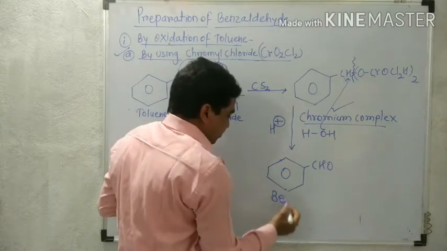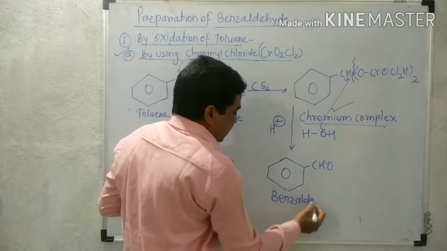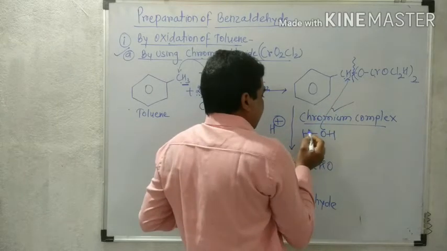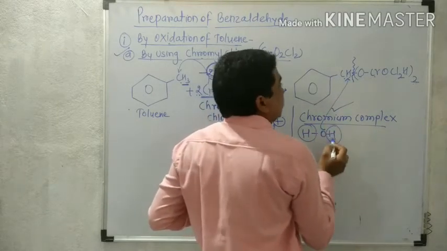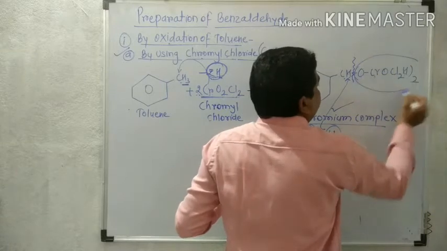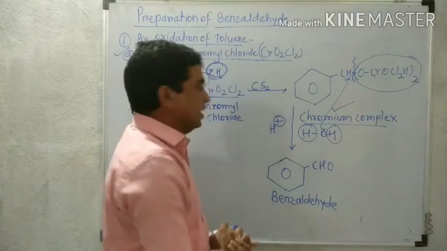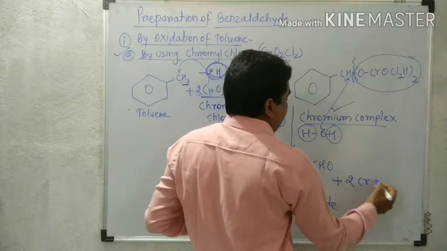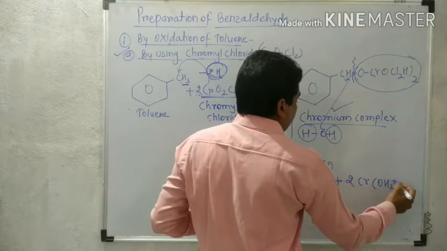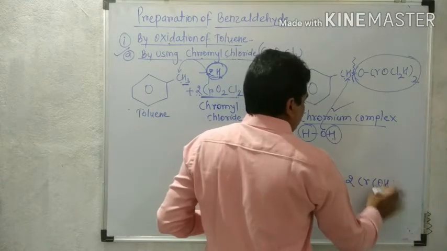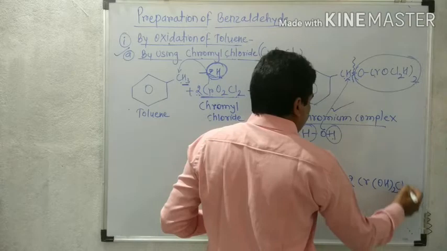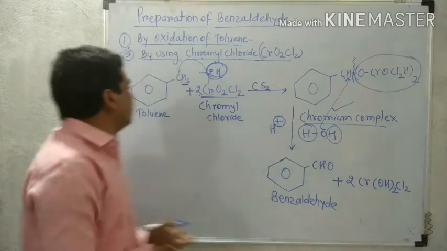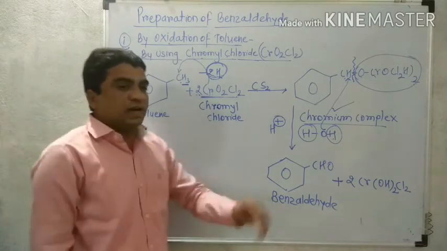We know that this is the structure of benzaldehyde. After formation of benzaldehyde, the remaining two hydrogens and this remaining part form the byproduct, that is twice Cr(OH)2Cl. In this way, toluene is converted to benzaldehyde.